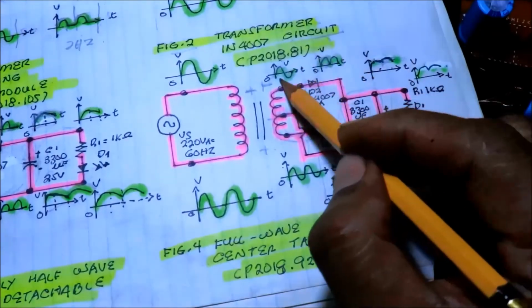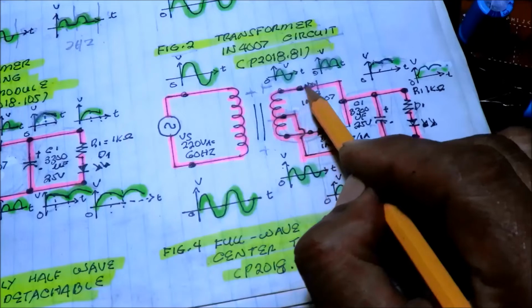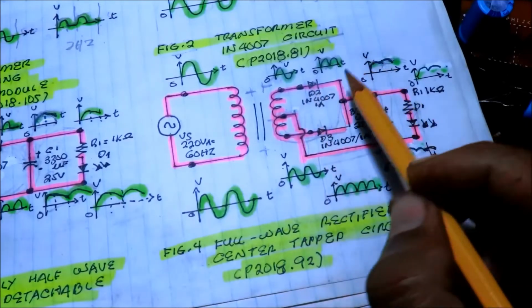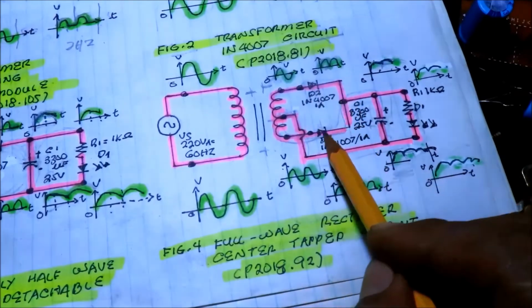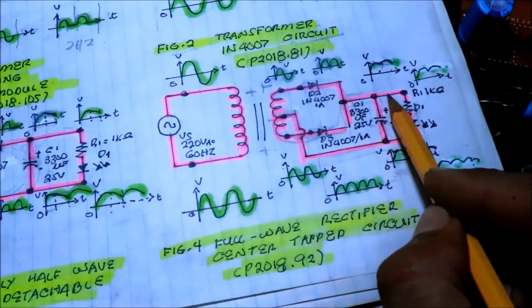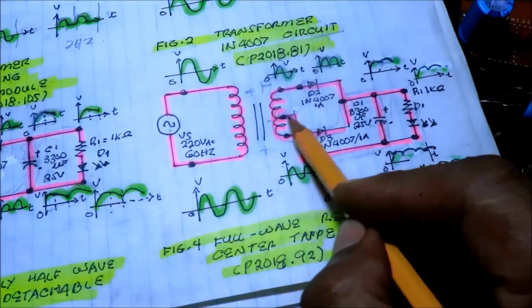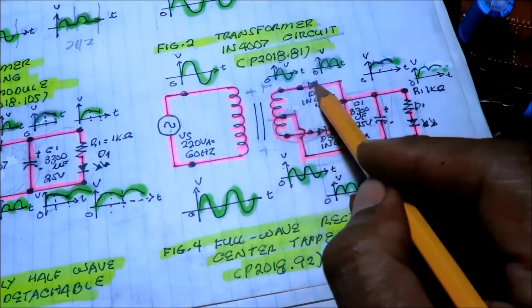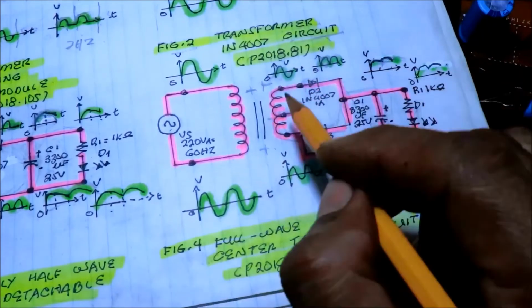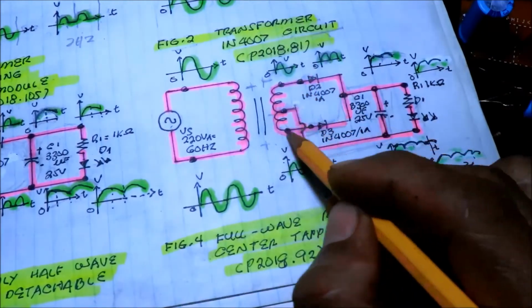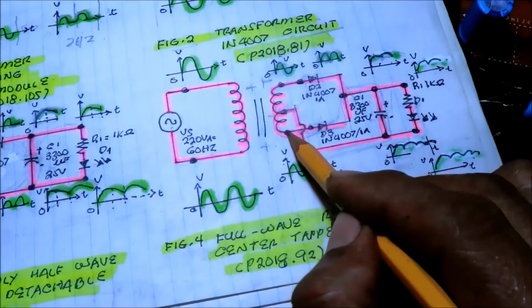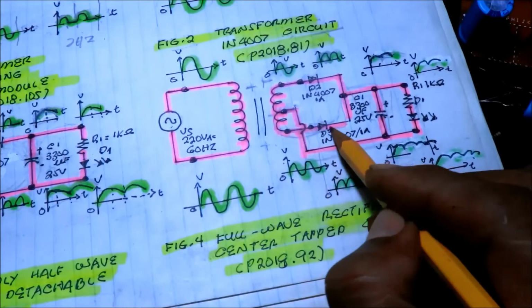So you can see here, during the half cycle, this D2 conducts, current travels, and this is reverse bias. So current travels to the capacitor and to the center tap. And then to the negative, reversal of the wave, reverse current. Now the current flows into the other end, to the D3.